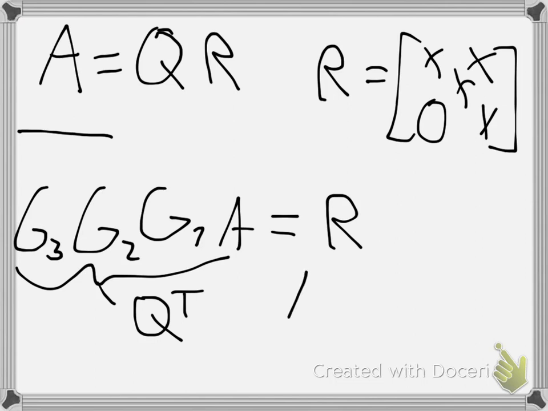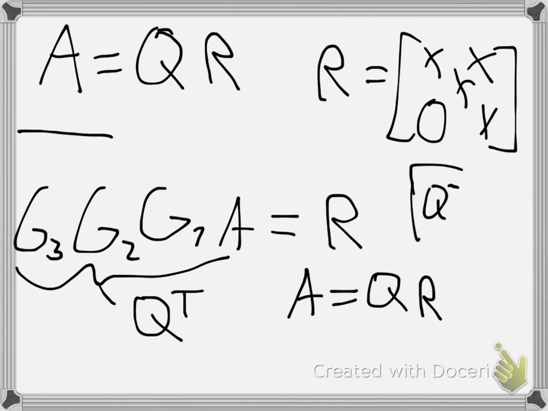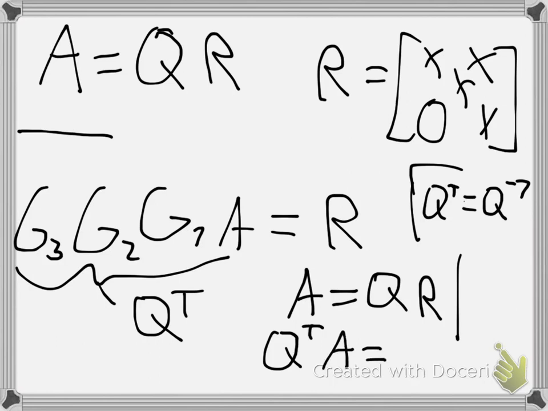Because remember, Q is orthogonal, so its inverse is its transpose. And so if you multiply by Q transpose on the left, you get that Q transpose A is equal to Q transpose Q times R, but Q transpose Q is the identity matrix, so we just get R.